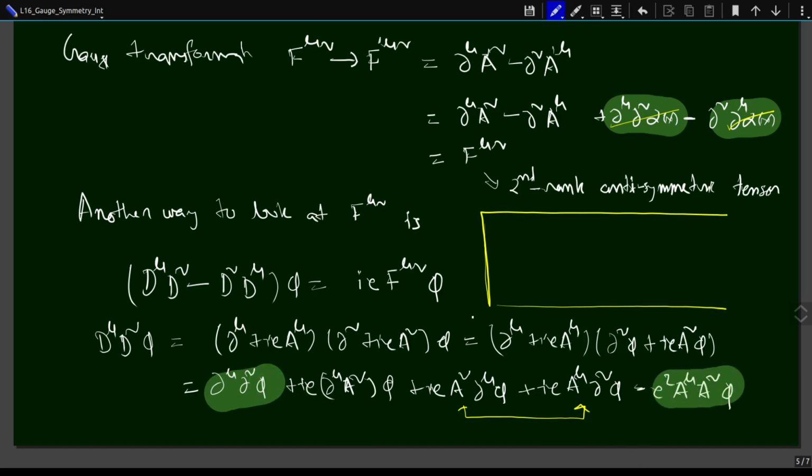This term is also symmetric in mu and nu, because mu and nu commute. This is to be noted because when we go to the non-abelian gauge field, this will not commute. Here they are ordinary real scalar fields, so they will commute. So in the d nu d mu case, they will also cancel.